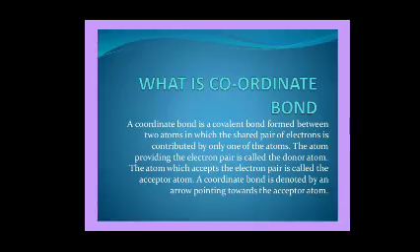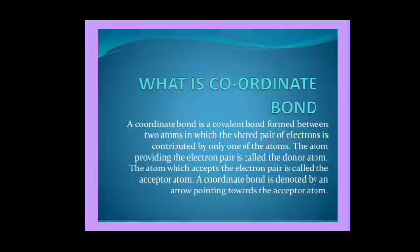What is a coordinate covalent bond? A coordinate covalent bond is a covalent bond formed between two atoms.